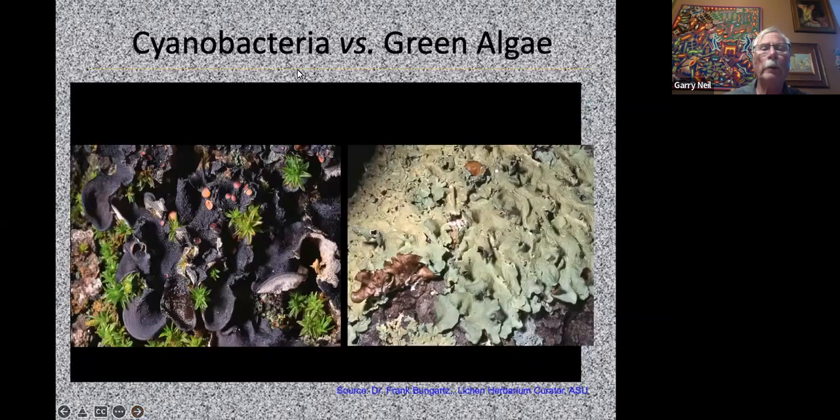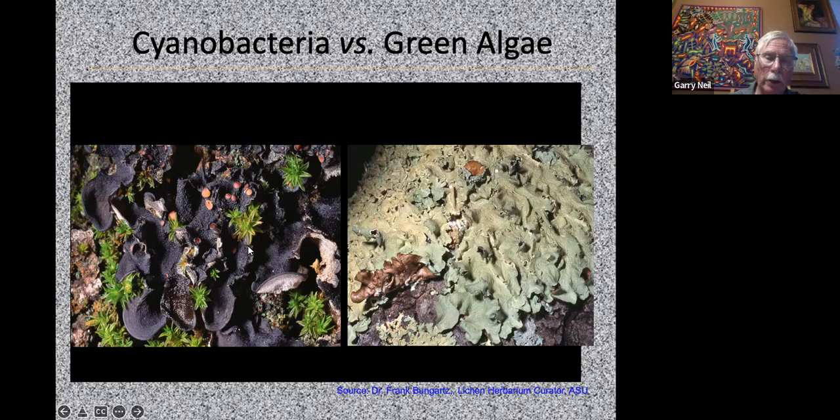Anyway, how can you tell a cyanobacteria lichen from a green alga lichen? Very simply, setting aside the ones that have little cephalodia or little dots, a true lichen that only has cyanobacteria is going to be black or brown in color. The other thing about them is that when you wet them, they become very gelatinous.